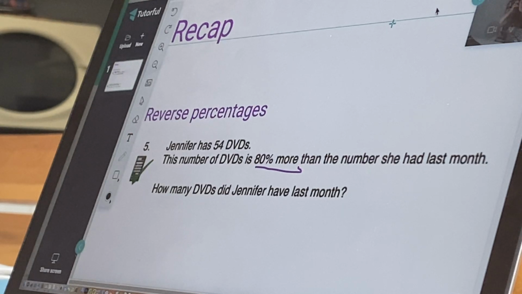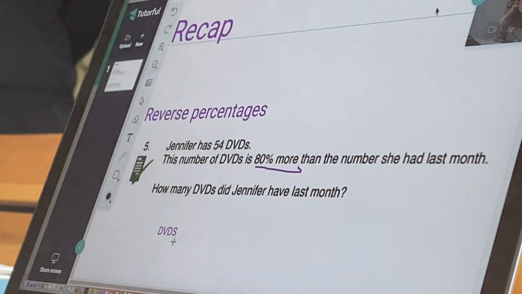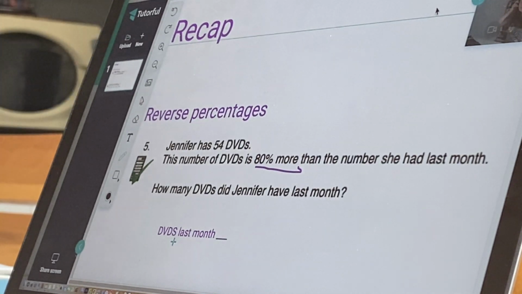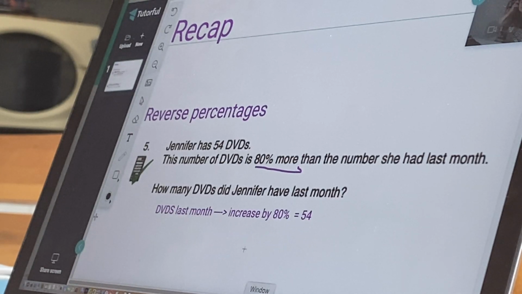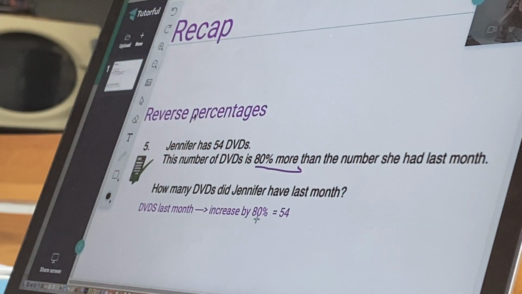So I found 80% of 54, and it's 43.2. Now we have to find out how many.